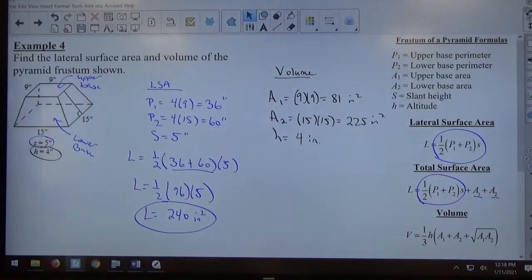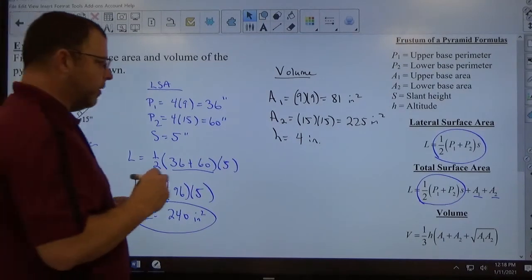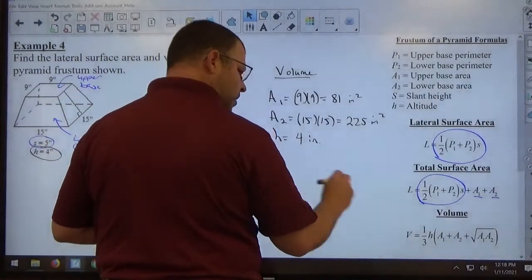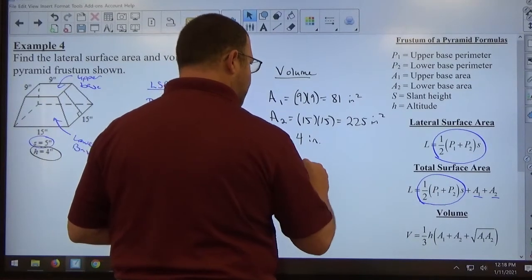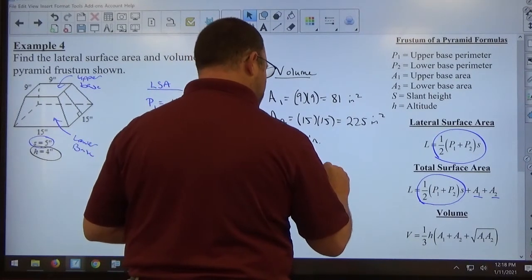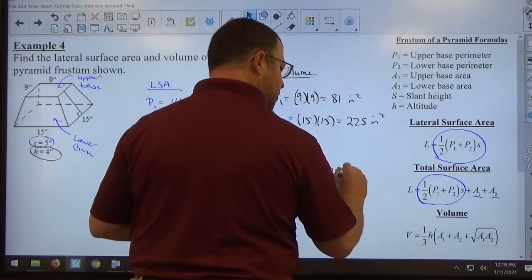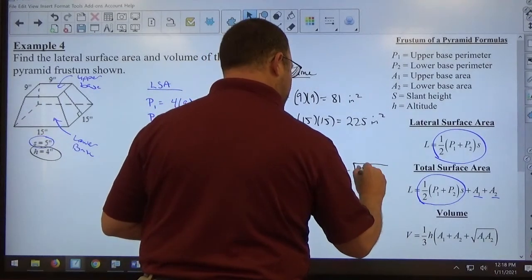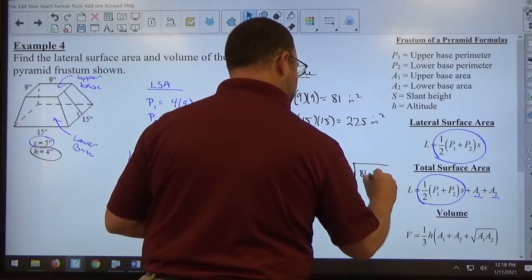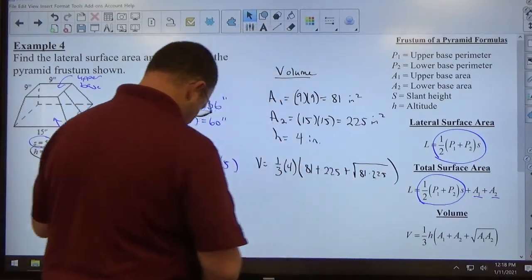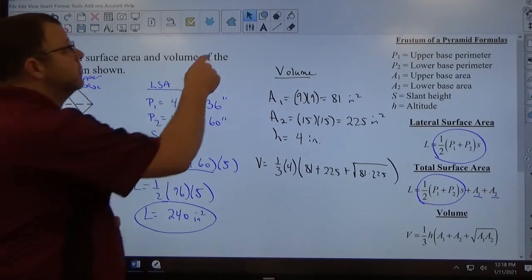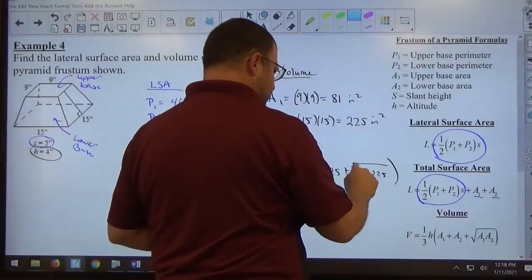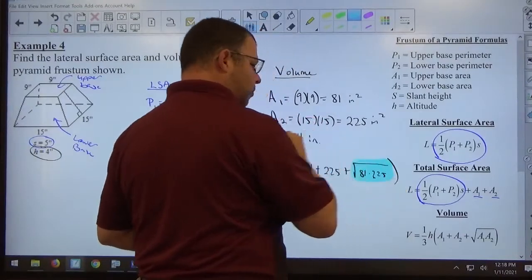If I apply the volume formula to the frustum here, I'm going to get the volume equals, it says 1/3 times height times area 1 plus area 2 plus the square root of area 1 times area 2. For me, particularly on this problem, this is the most complicated part of the formula, right?